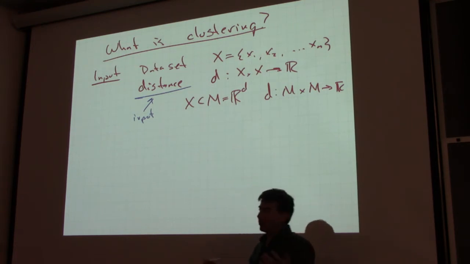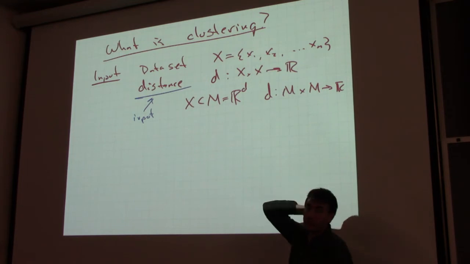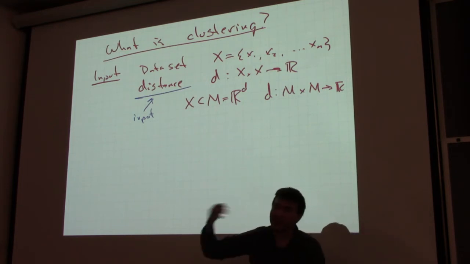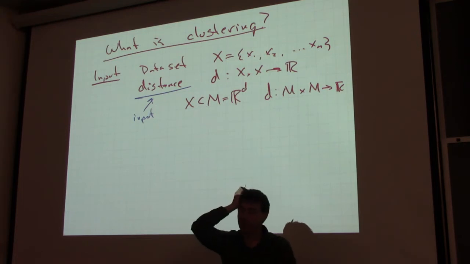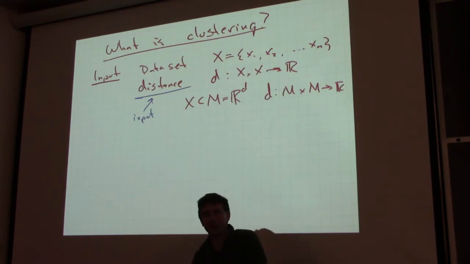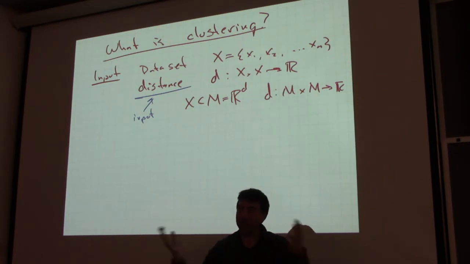If 2 data points are close, then this distance function will give you something small. If they're far away, it'll give you something large, right? And this is given to you as input. Either someone gives it to you and says, in a homework assignment, use this distance function, or you decided this was the right distance for some reason. But now this is input.